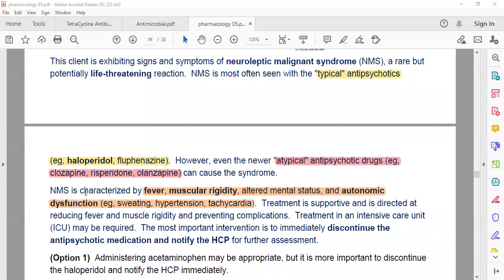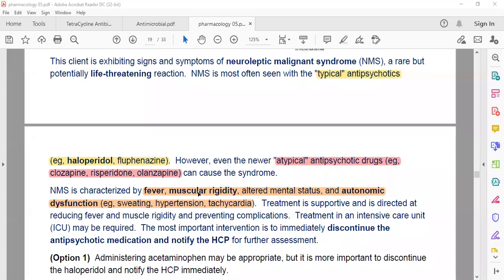It is characterized by fever, muscle rigidity, altered mental status, and also autonomic dysfunction like sweating, hypertension, and tachycardia. Basically, the vital signs are extremely high, like high blood pressure or high body temperature.